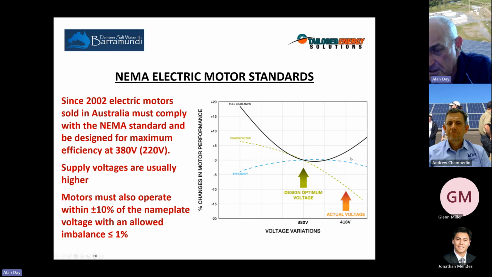And if you move off to the right to where I've just shown 418 volts, for instance, you can see that the motor will draw more current, the efficiency falls away a bit, and the power factor reduces a lot. So voltage optimization is really about moving the operating voltage for the pumps towards that optimum.